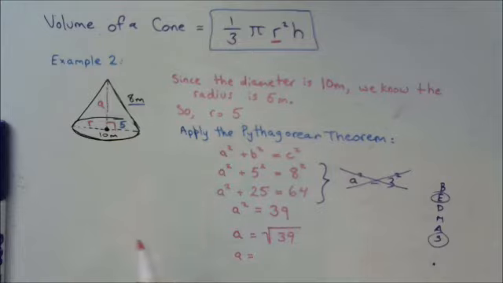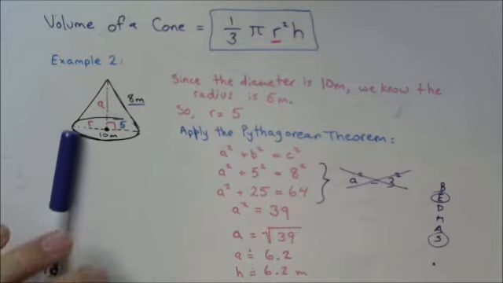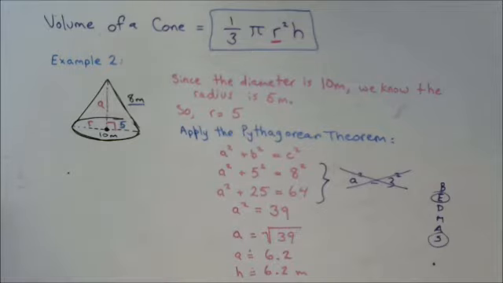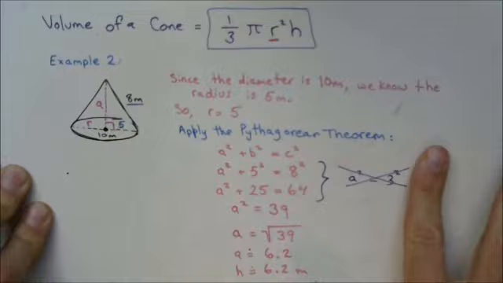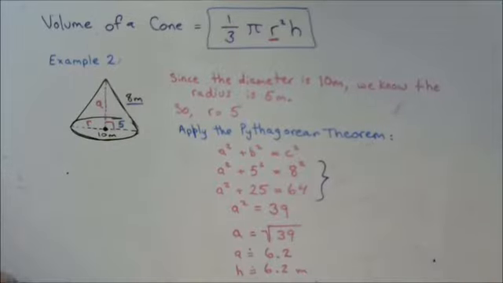Because I'm going to round to the nearest decimal, I get A equals the square root of 39 in my calculator, 6.2. Now, if I want to be real helpful to myself, I can rewrite that as H equals 6.2 meters. Now I'm ready to carry on and apply my formula for the volume of a cone.